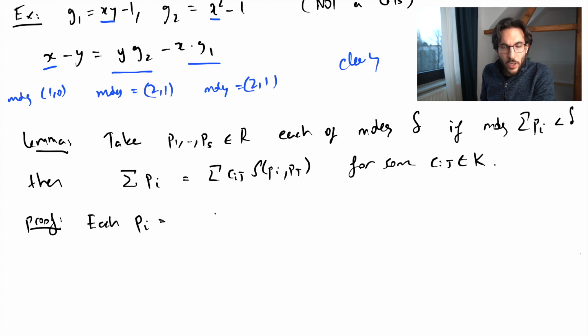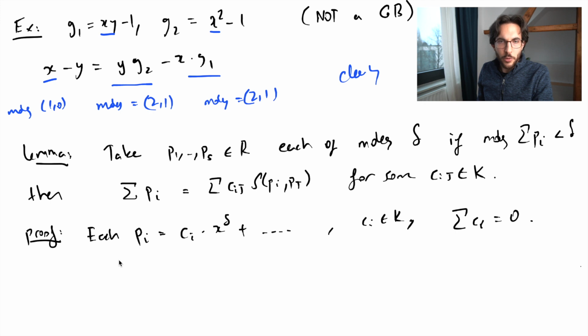So we can write each of the p_i's as a constant times x to the delta plus lower order terms. And then the constants must satisfy the following. The sum of the constants should be 0 since the leading term x^delta cancels out in the end. The S-polynomial of p_i and p_j will also be super simple, so let's compute this.